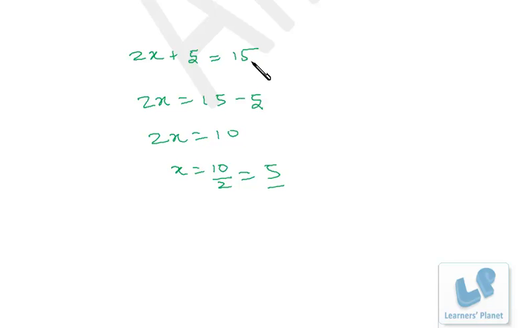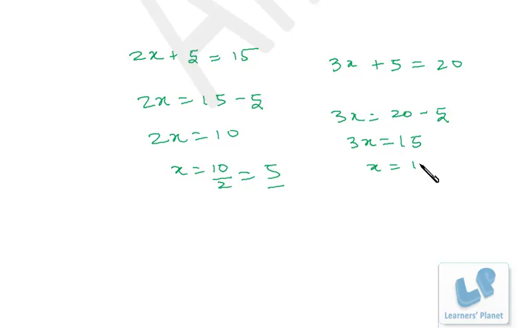I take one more example. Suppose I have 3x plus 5 is equal to 20. Now first of all, plus 5 will go this side. So 3x is equal to 20 minus 5. That means 3x is equal to 15.